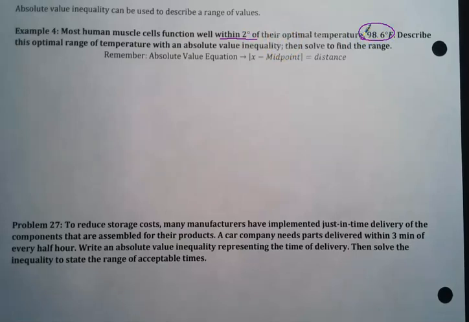So all you do, and we're going to solve this, it's good to understand the problem and know what answers you're going for, right? So 98.6 degrees, and it's 2 degrees of the optimal temperature, right? So you're just like, okay, well, 98.6 minus 2 is 96.6 degrees, and 98.6 degrees plus 2 is 100.6 degrees.